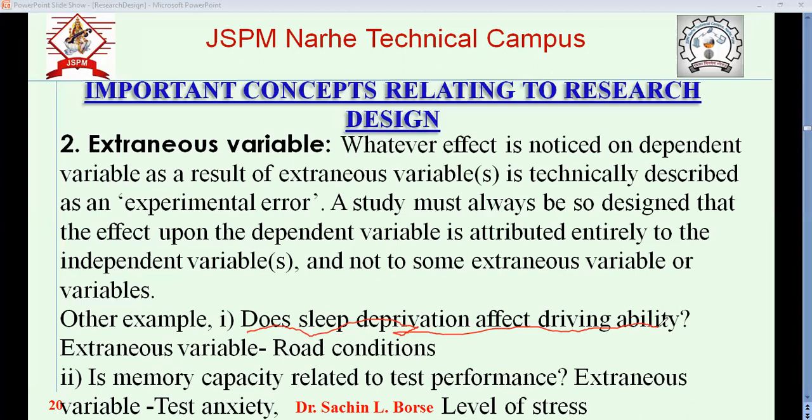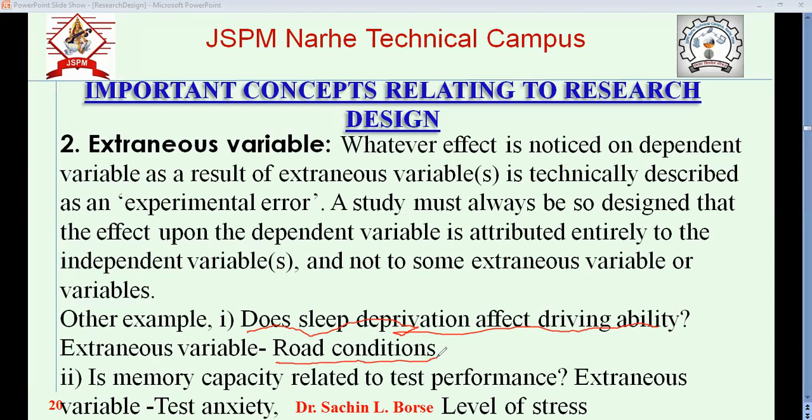But if he's driving on a normal Pune road where the conditions are not very good, there are chances that he will not sleep. So here the road condition is the extraneous parameter, please understand.